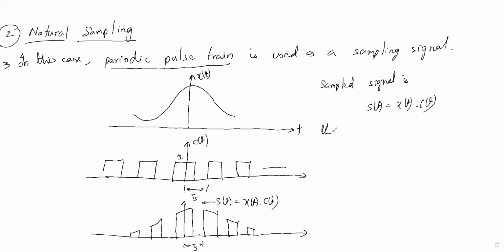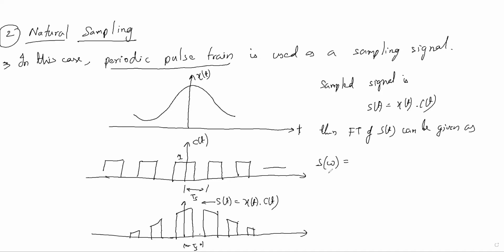And then the frequency domain representation of the signal would be the Fourier transform of s of t, which can be given as S of omega.